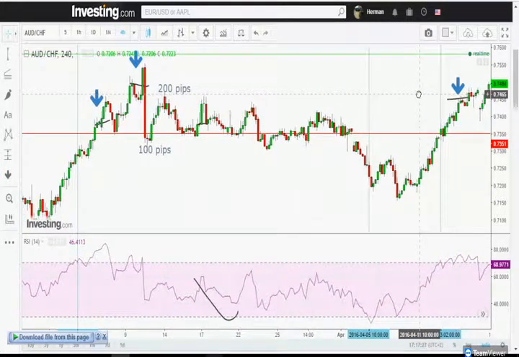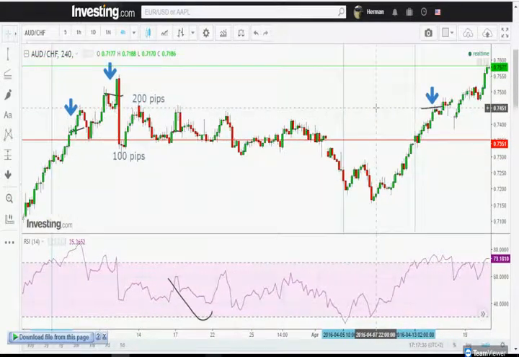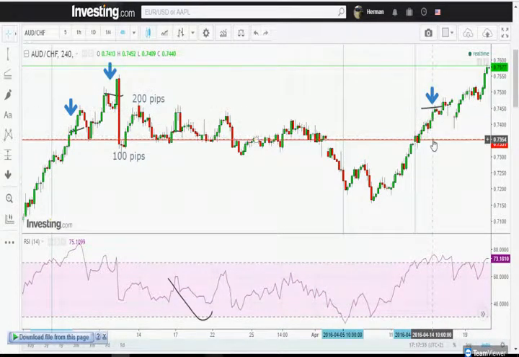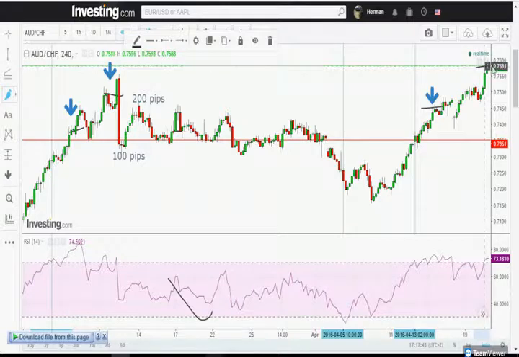Then the market, remember we're targeting 100 pips here. Then can you see that now the number of pips from here to here is the same as the number of pips from here to there. So I said we place a second trade.